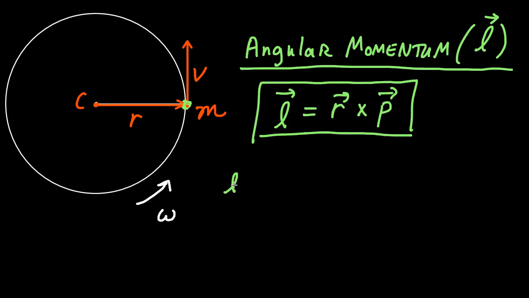We can write this angular momentum equals r p sine phi, where phi is the angle between the radius and the momentum vectors. Now, oftentimes you will not know the momentum. You'll be given the mass and speed of an object, so you'll calculate it.